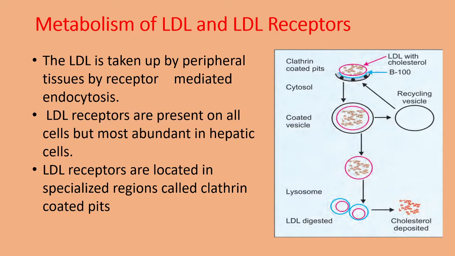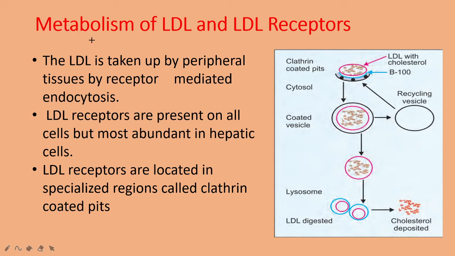Now we'll see the metabolism of this LDL and LDL receptors. After binding of this LDL to the receptor, the receptor LDL complex will be taken up by endocytosis. The binding of LDL to the receptor is mediated by apoprotein B100.